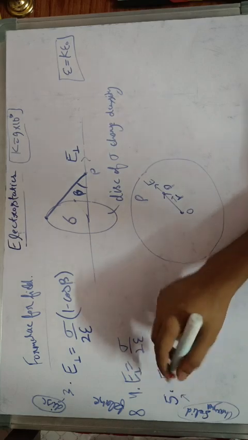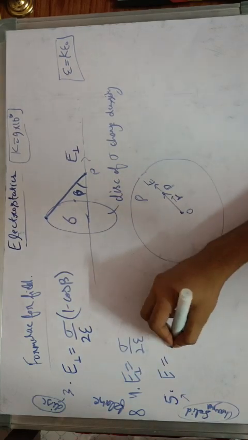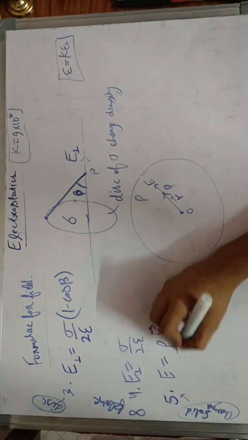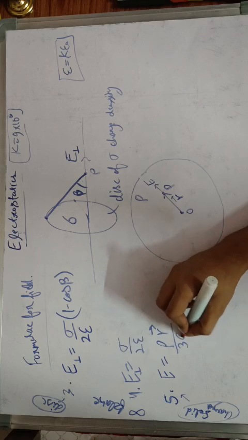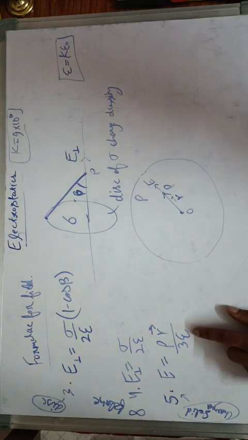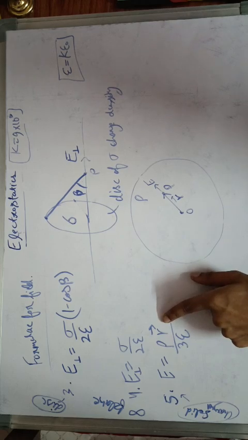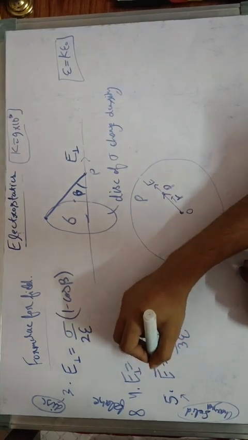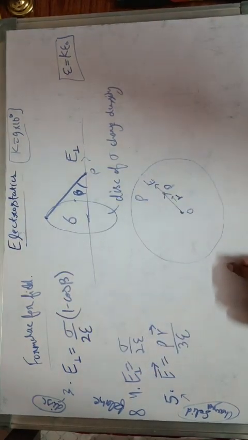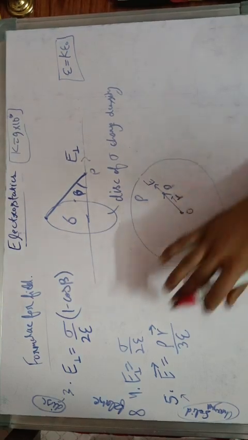So this is for charged solid, and its formula would be rho r upon 3 epsilon. So epsilon depends on the medium of this body, and r vector tells in which direction the electric field vector points.